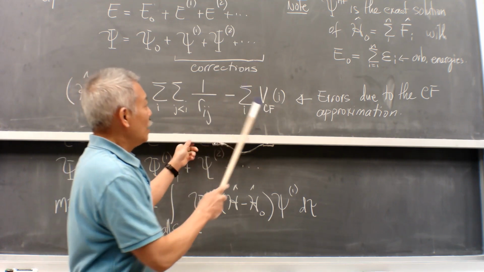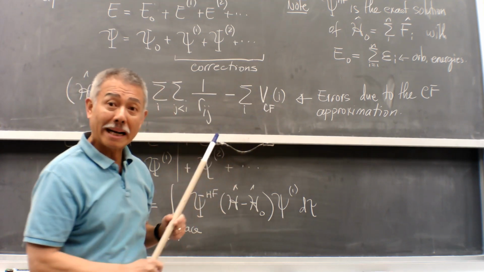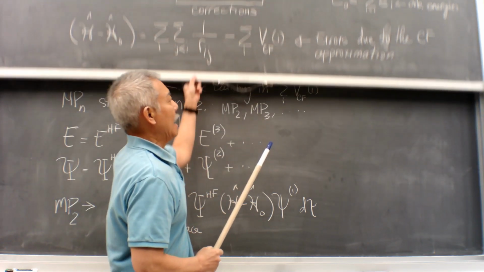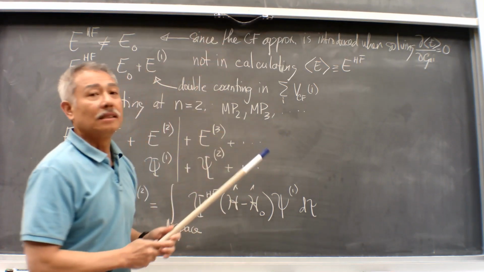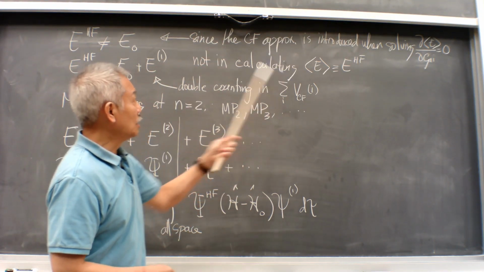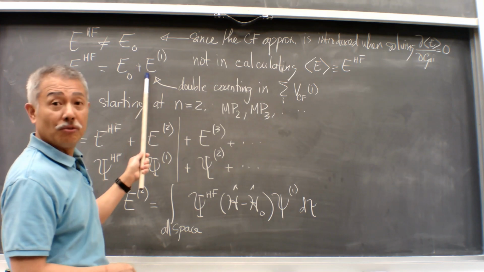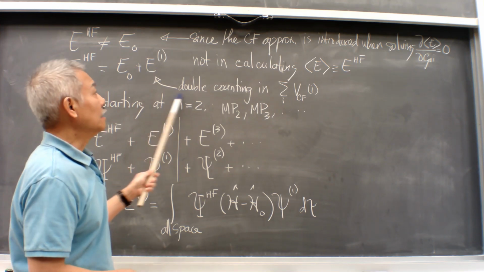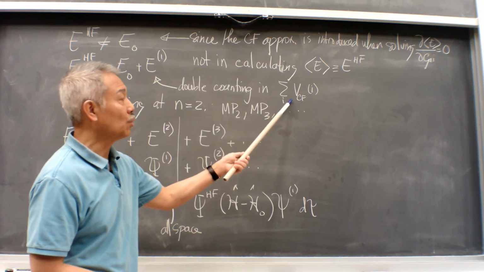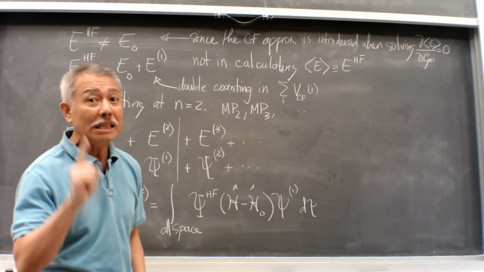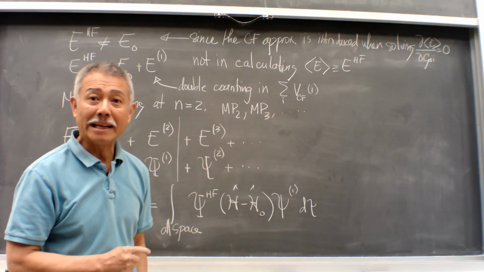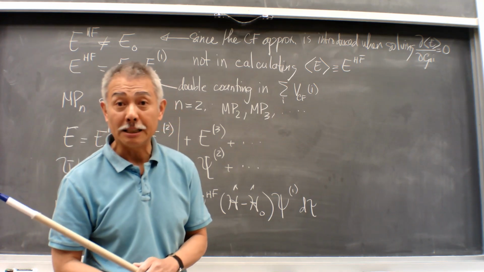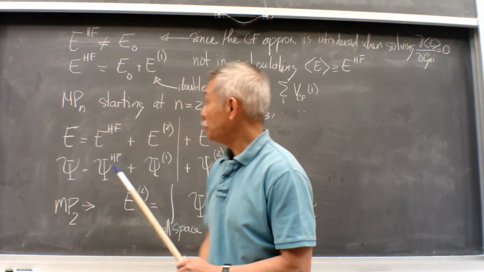So these terms have double counting in them, and in fact that is the error. The first-order correction, you can prove, is the double counting in the central field approximation, which is not introduced when we calculate the Hartree-Fock energy.